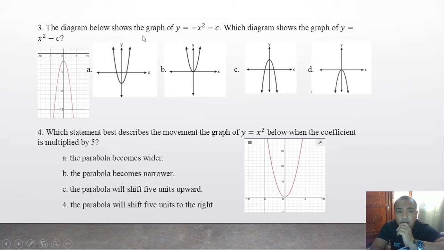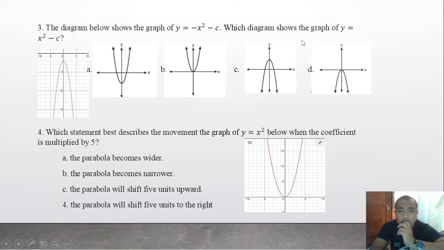Next, the diagram below shows the graph of y equals negative x squared minus c. Which diagram shows the graph of y equals x squared minus c? A, B, C, or D? Kasi negative eh. Negative siya. Ay, teka. Okay, this diagram, yun yung graph ng negative x squared minus c.